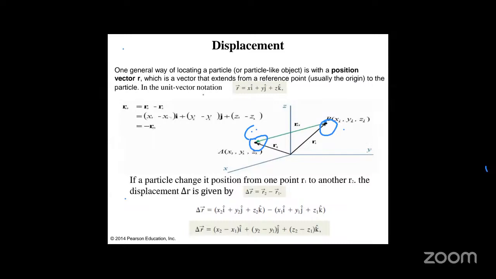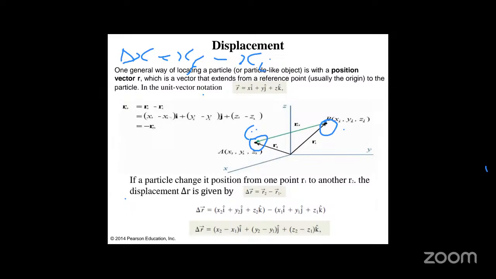So displacement, change in x, is equal to final position minus initial position. In the first position, the initial position, we have written xi or ri, since we are considering 3D.